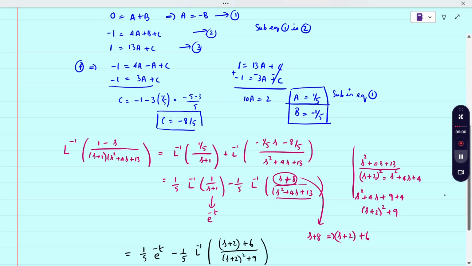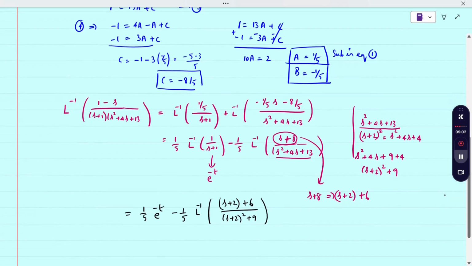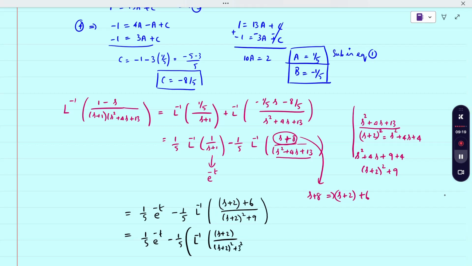First, split this term into two parts. So 1 by 5 e to the power minus t minus 1 by 5 L inverse of (s plus 2) divided by (s plus 2) the whole squared plus 3 squared, which is 9, plus 6, which is a constant.